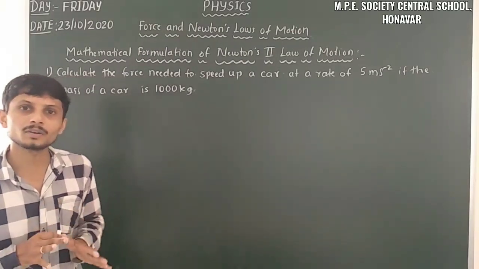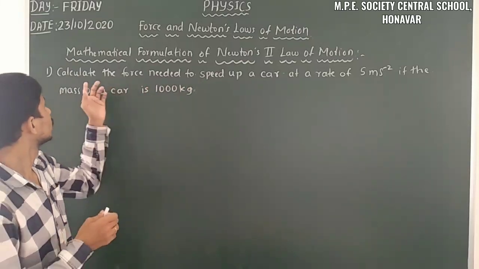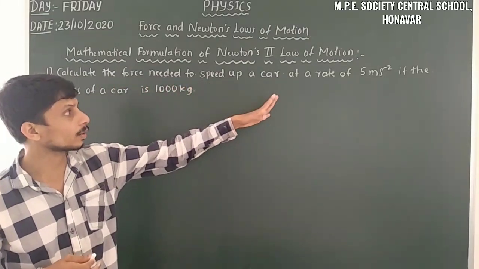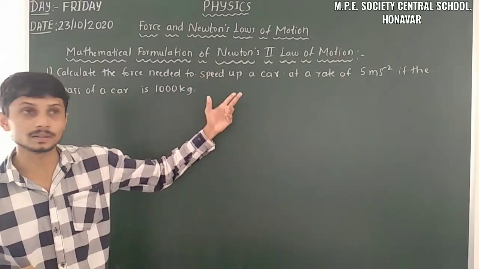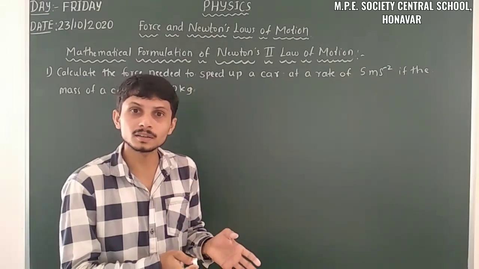Firstly, we have to know what the given terms are. Calculate the force needed to speed up a car at a rate of, that means the rate of speed is given. What is the rate of velocity here?